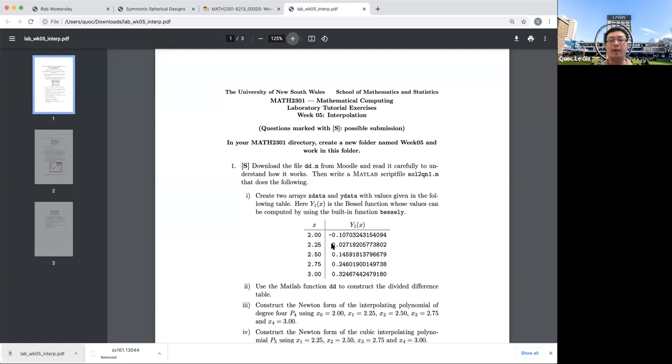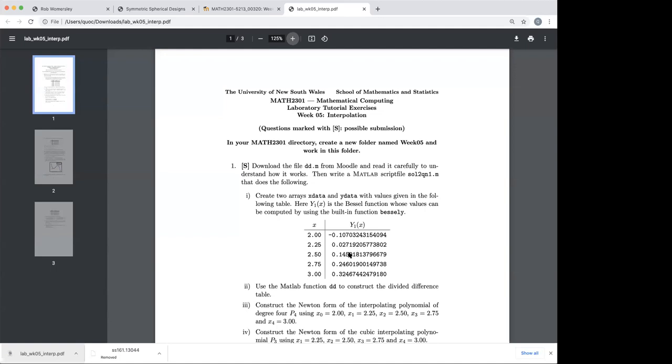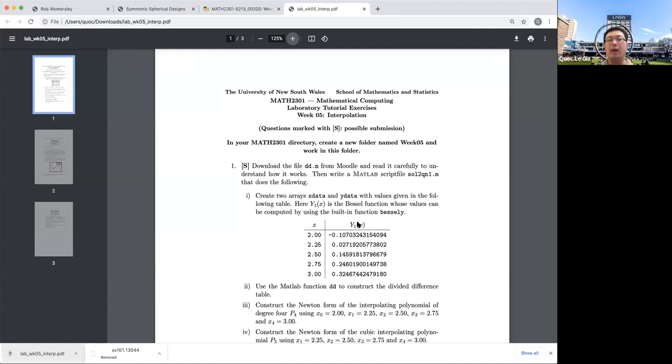And what is the y data? The y data is the values of the Bessel y function. You can look up what the Bessel function is, but essentially, when you try to model a wave, say, suppose a mobile phone tower emits a radio wave, then you can model the wave by this Bessel function.